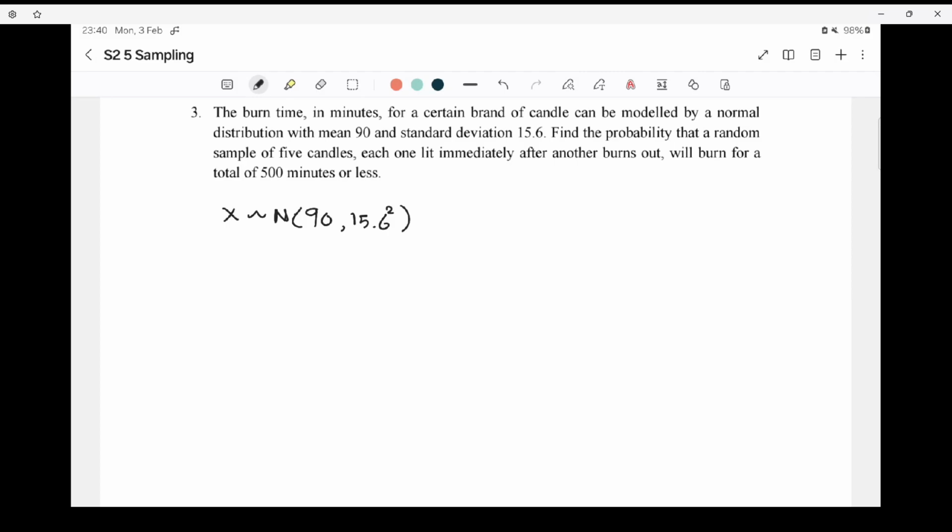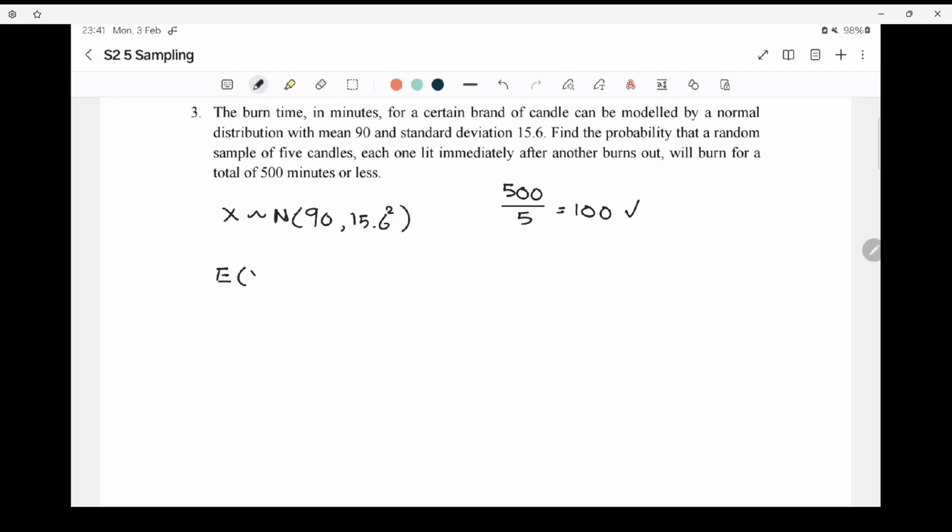So you have 5 candles, one lit immediately after another burns out, burn total 500 minutes or less. So 500 you divide by 5, it is 100. So this is your mean. Later on we will use that.